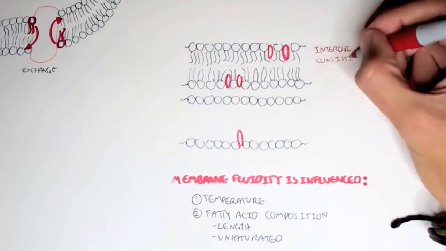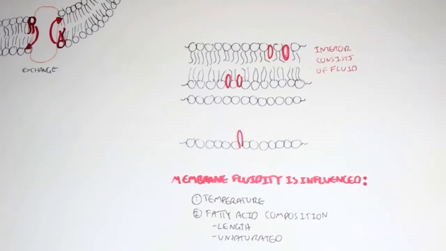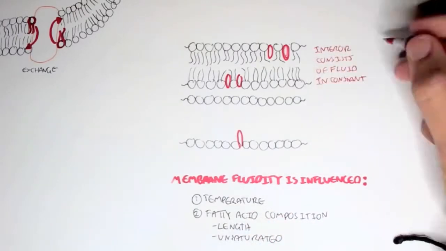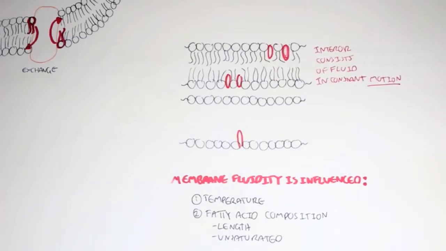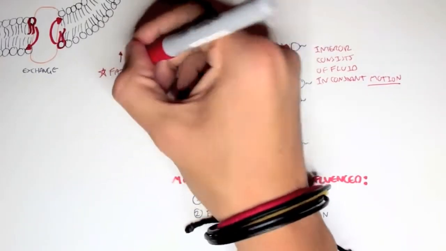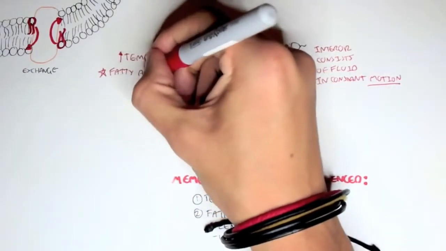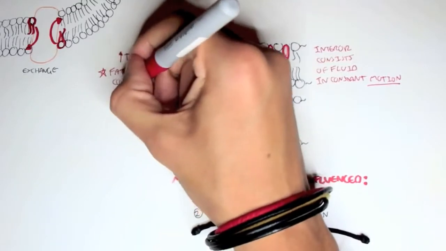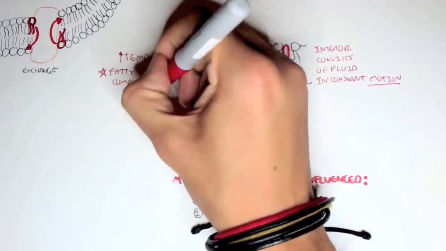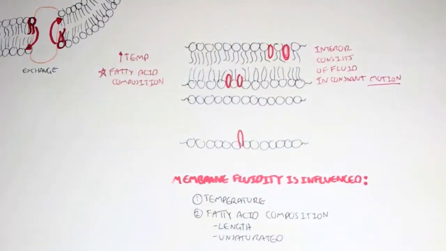So the interior consists of some form of fluid and it's in constant motion. So if you can imagine that the fatty acid chain is just moving within the bilayer. And this is also enhanced with increased temperature. And also an important feature is the fatty acid composition, because if you have unsaturated fatty acids, it's more flexible because it melts quicker than saturated fatty acids.